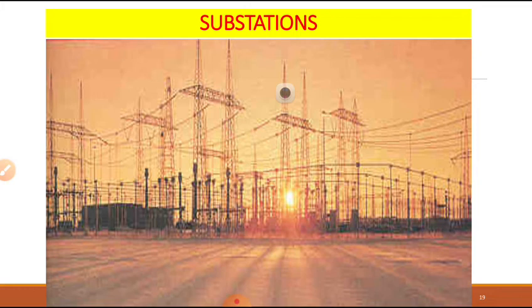Overloading and fluctuations in electric supply can be dangerous to humans as well as to our electrical appliances. So at every stage we have to purify and control this electrical energy.